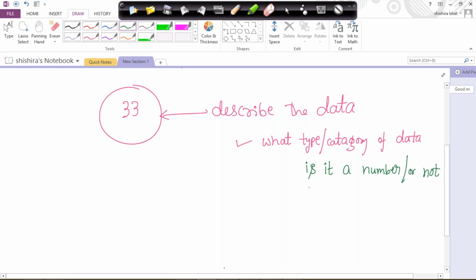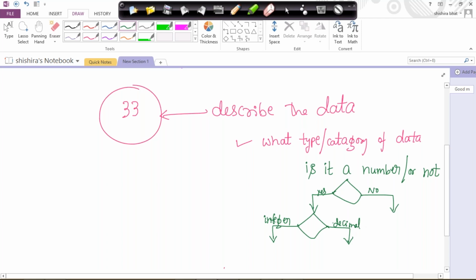First thing. Let's say if it is a number, what type of number? Here again, two things. If it is a number, then what type of number again? Is it a decimal number or an integer number?